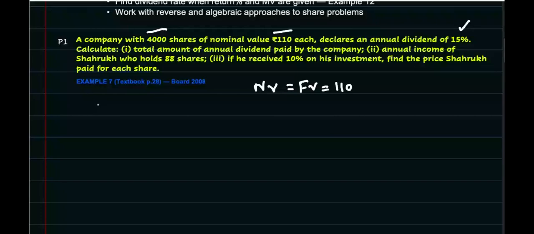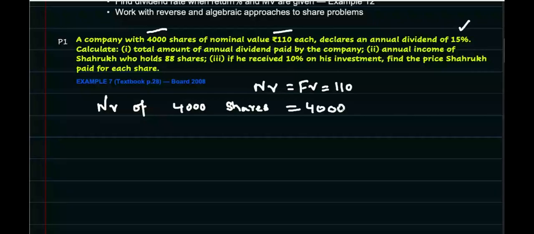So the nominal value of one share is 110. 4,000 shares will be equal to 4,000 multiplied by 110, which is 4,40,000.